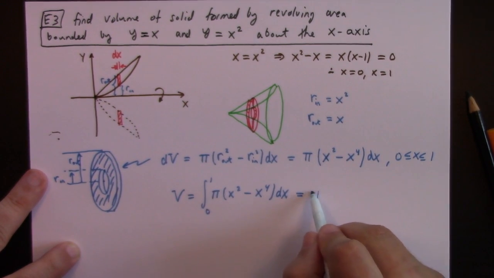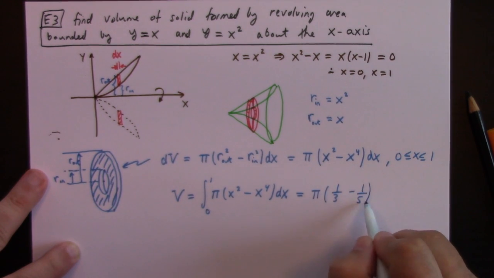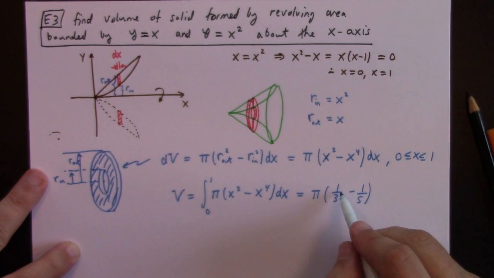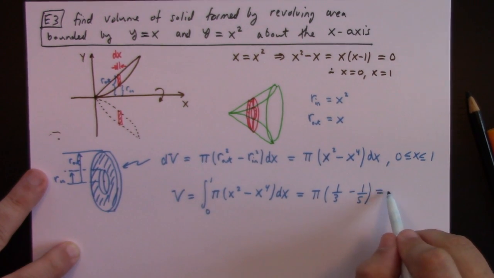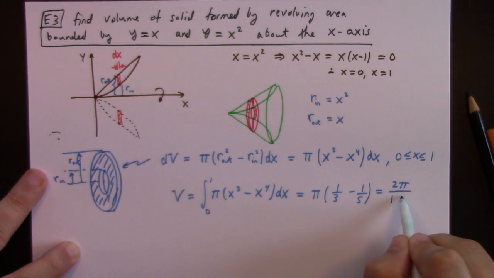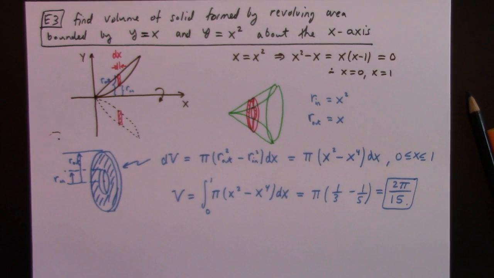And there you have it, pi times 1/3 minus 1/5. I love integrals from 0 to 1 of polynomials. In other words, 5 minus 3 over 15, 2/15ths, so 2 pi over 15. There you have it. That's the volume of this rather strange shape.